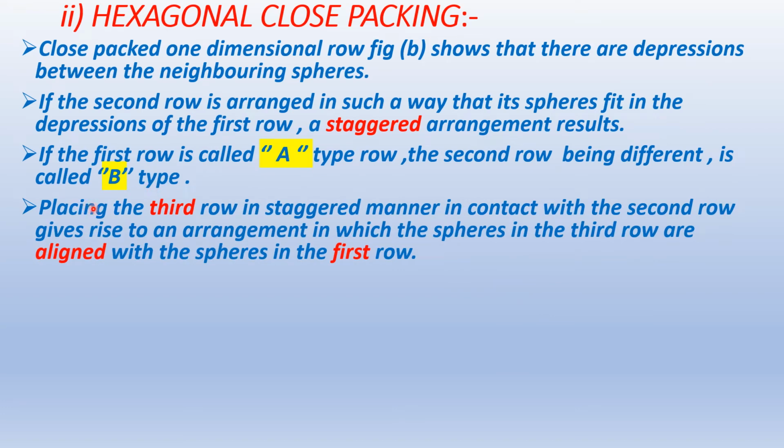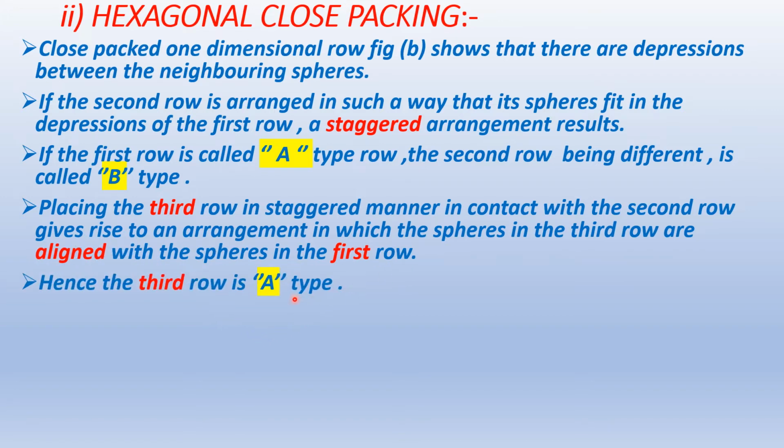Placing the third row in a staggered manner in contact with the second row gives rise to an arrangement in which the spheres in the third row are aligned with the spheres in the first row.